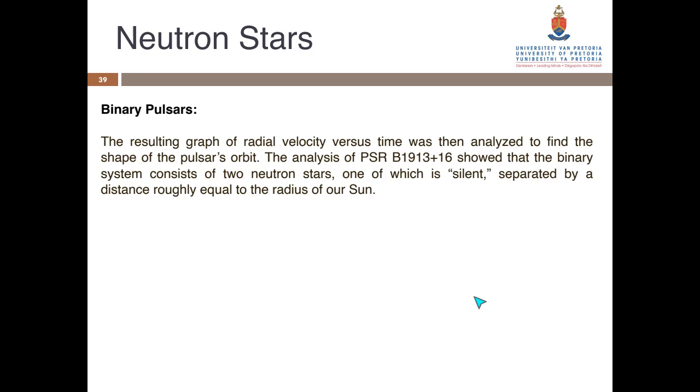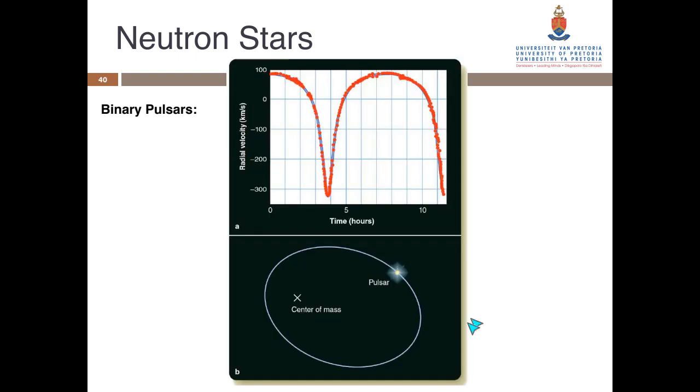An analysis of the PSR pulsar showed that the binary system consists of two neutron stars, one of which is silent, separated by a distance roughly equal to the radius of our Sun. So here is the center of mass, here is the one pulsar, and here we can see the radial velocity.